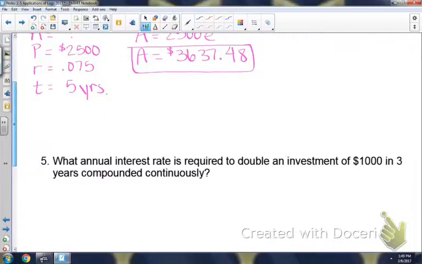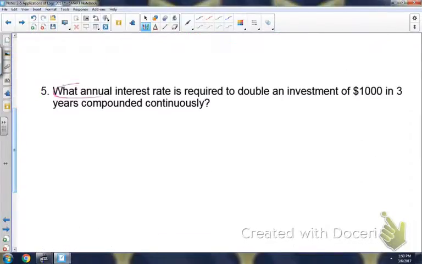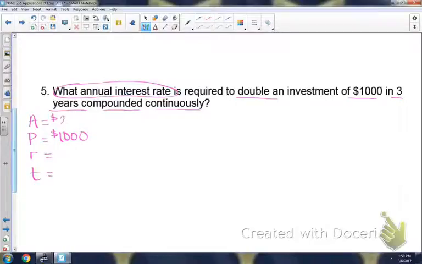Alright, last one. What annual interest rate is required to double an investment of $1,000 in 3 years compounded continuously? So using the same formula because it says continuously. A is your final amount. We're starting with 1,000 and we're doubling it, which means your final amount would be 2,000.